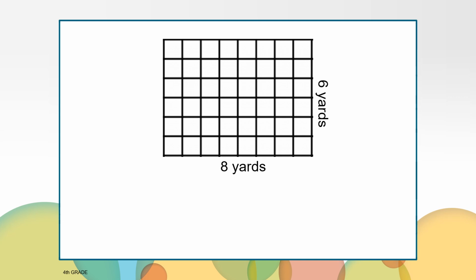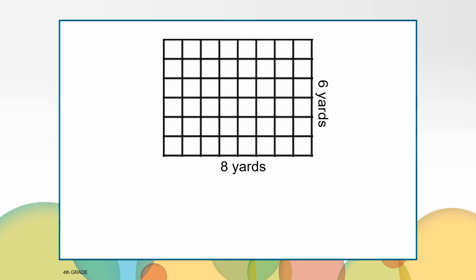Does this picture remind you of anything? It kind of looks like an array, doesn't it? When I see an array, I know I have several ways I can figure out how many are inside the array.